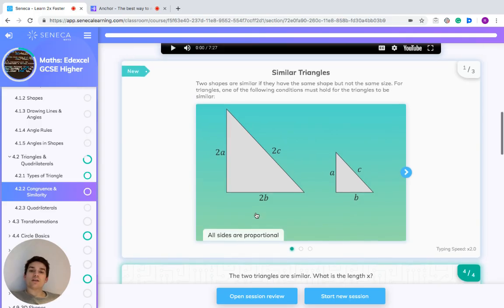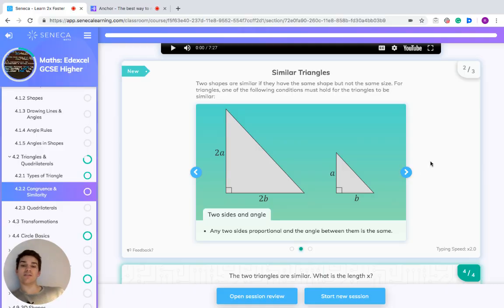Now 2 shapes are similar if they have the same shape but not the same size. For triangles, one of the following conditions must hold if they're going to be similar. Firstly, all the sides have to be proportional. What that means is that you can multiply all of the sides by the same number to give the side lengths of the other triangle.